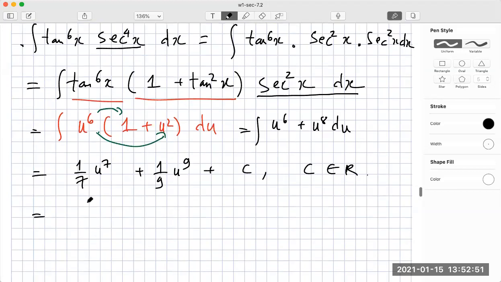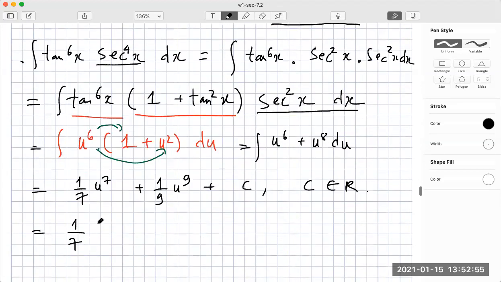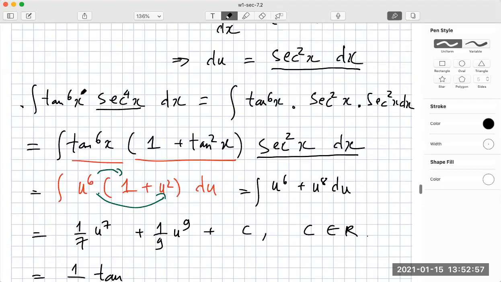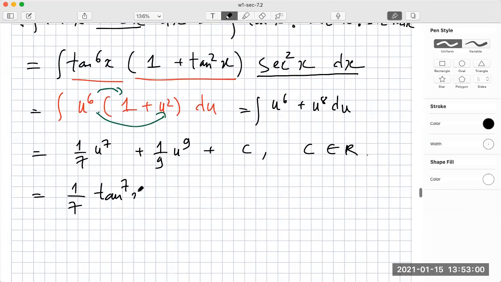So we need to continue, and we write everything in terms of x. It will be, right. Thank you.